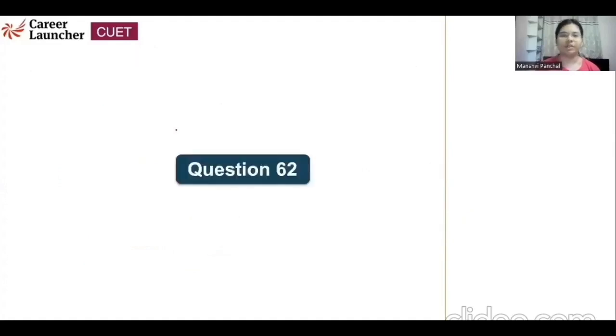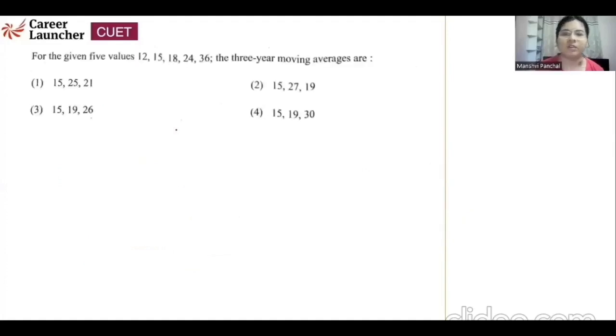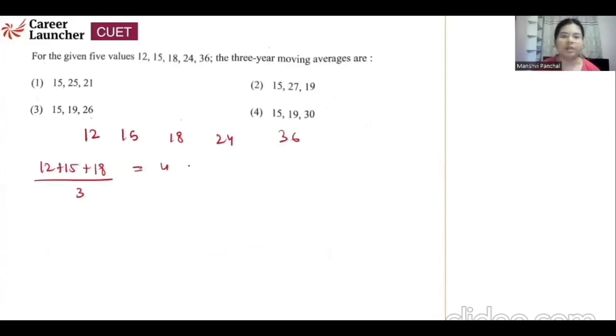Next, we have question number 62. For the given 5 values, the 3-year moving averages will be. So this is 12, 15, 18, 24 and 36. First will be 12 plus 15 plus 18 by 3. It means 4 plus 5 plus 6, so 9 plus 6 is 15. Then you will have 15 plus 18 plus 24 by 3.